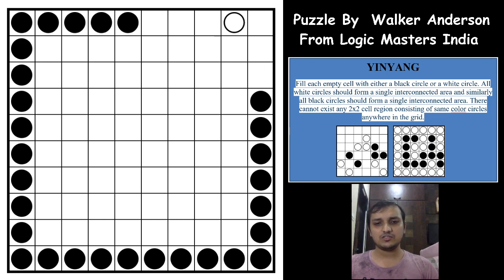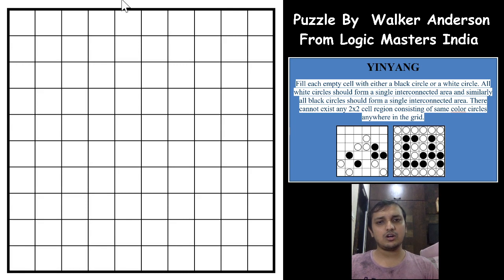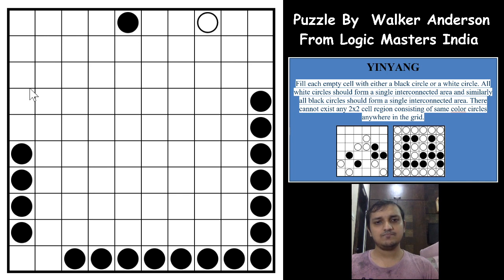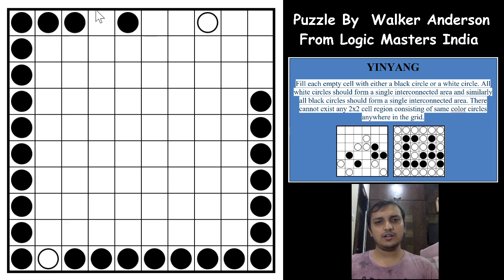So why is it the case? What happens when we don't apply this trick here? Let us suppose in between you have a white circle here.